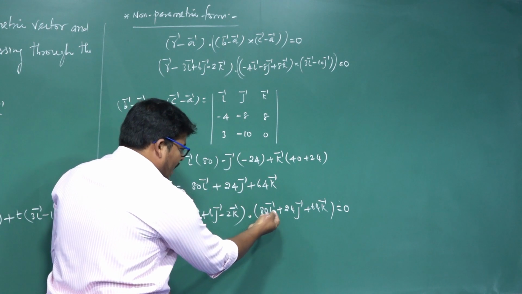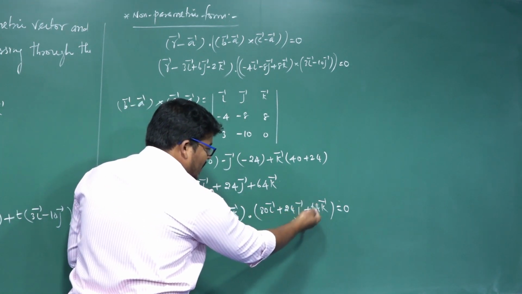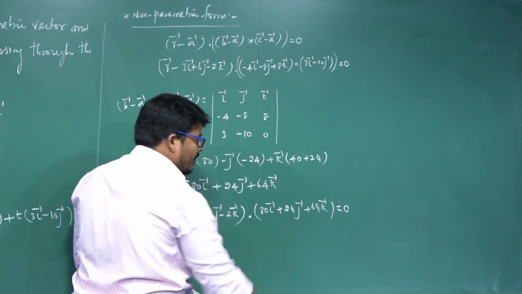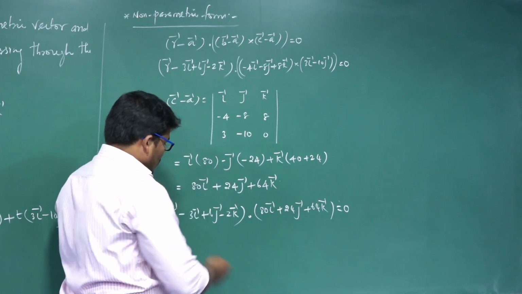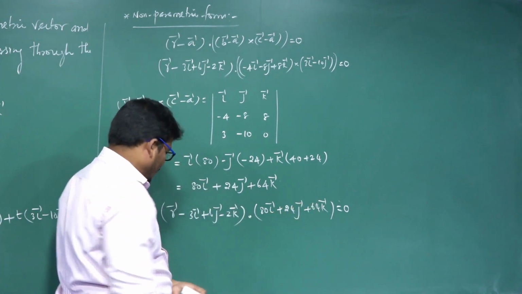Now 80, 24, 64 are divisible by 8, so the whole equation is divisible by 8.